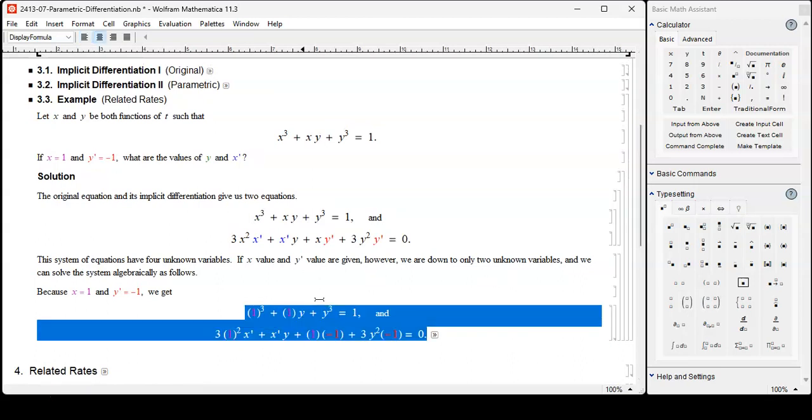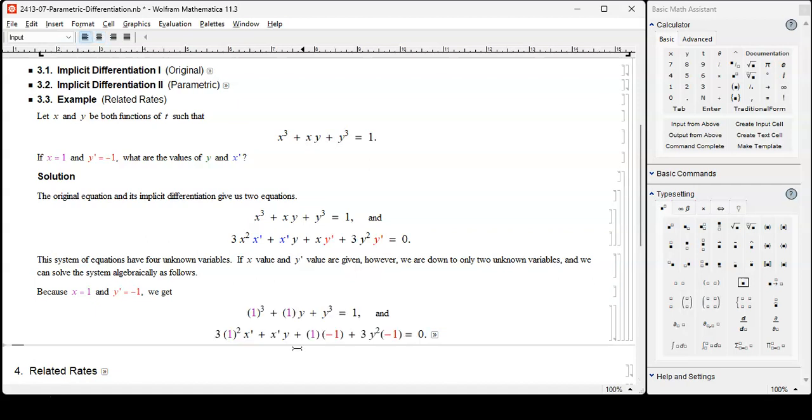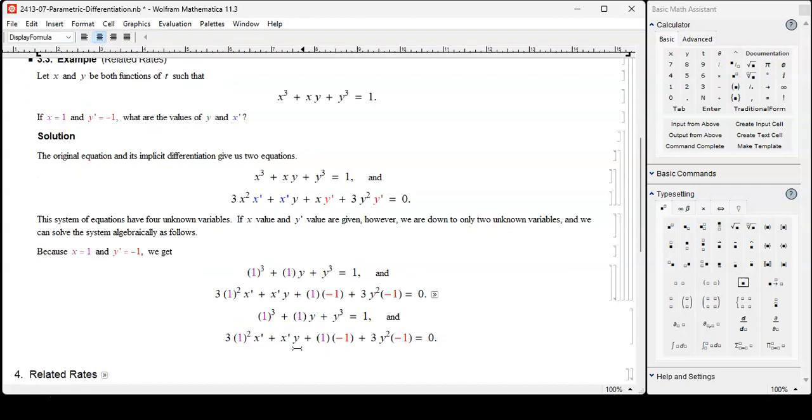Let's see. I think I can do that. It simplifies into this. 1 to the third power is 1, and then just y, and then 1 cancels out. That's what you're going to get. That's the first equation. Second equation, this is 1, and then that's -1, and then that's -1, so negative.